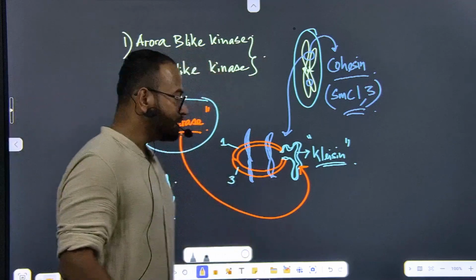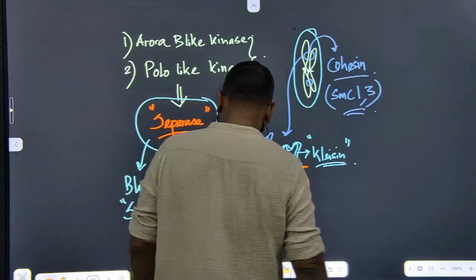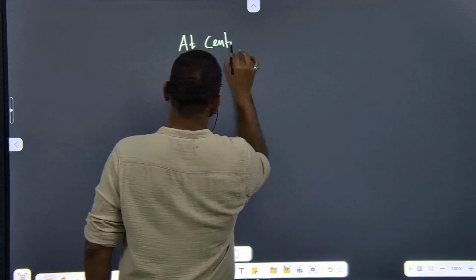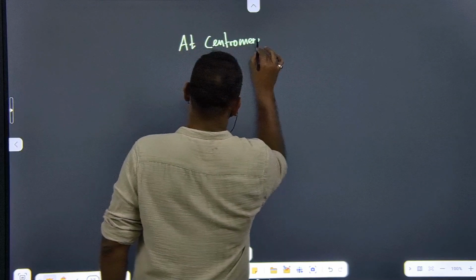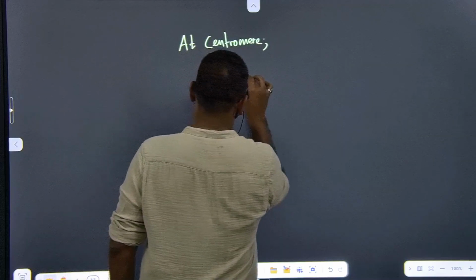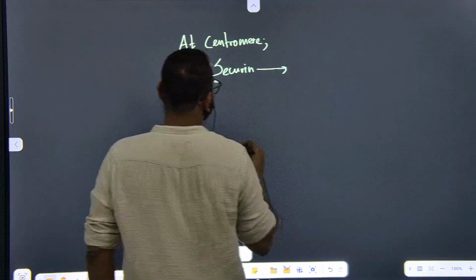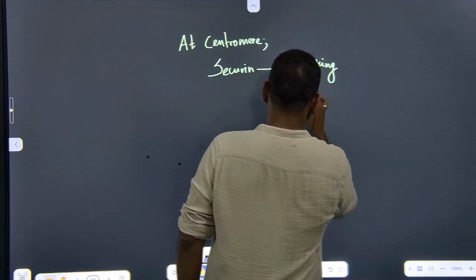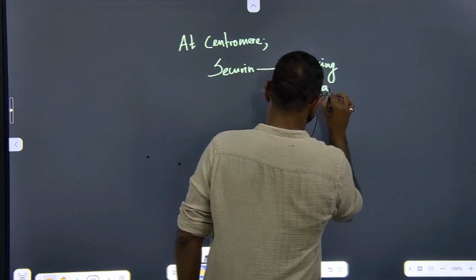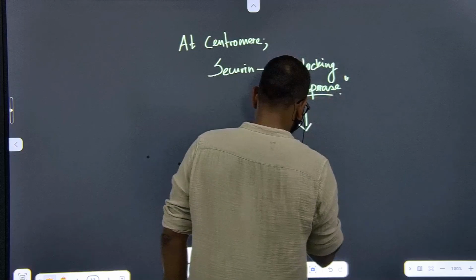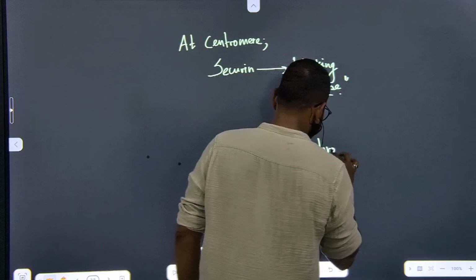So, this centromeric region, what happens over there? At the centromere, we have our securin. What is it doing? It is blocking the separase. As separase is blocked, hence no chromatid separation.